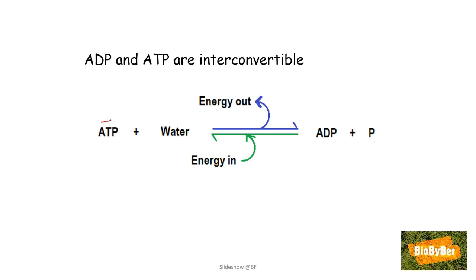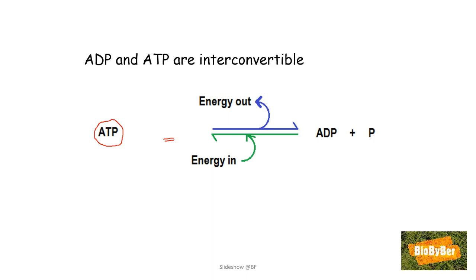ATP, as we have said, is a high energy, an energy-rich chemical or molecule. When energy is needed in a cell, it will break down and release the energy. Now, strictly speaking, in order for that to happen, water is required. But most times we can neglect this little point and ignore it.